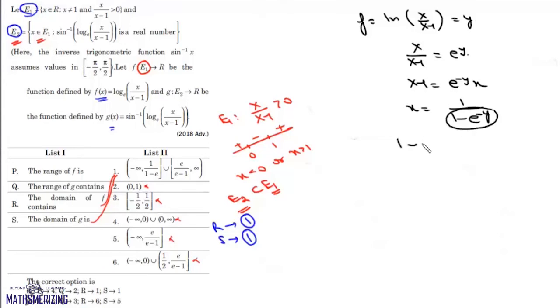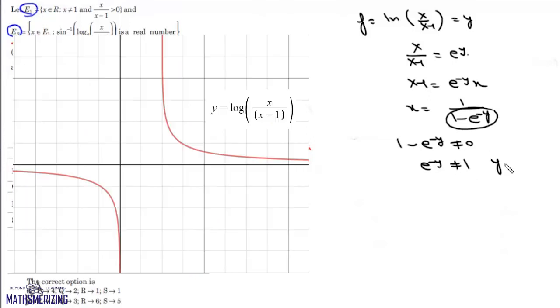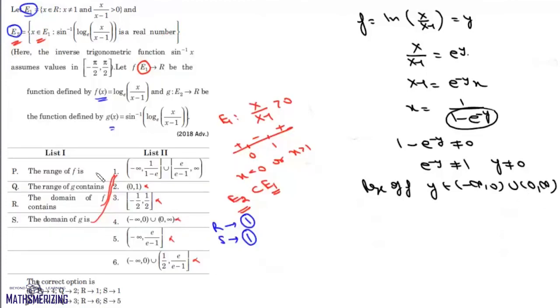The restriction is that the denominator must not be 0. So we'll get e to the power minus y is unequal to 1. That is, the value of y should not be 0. So the range of f will be y belongs to minus infinity to 0 union 0 to infinity. So we'll take all the values except 0. So the range of f is this option 4. So this P matches with 4.